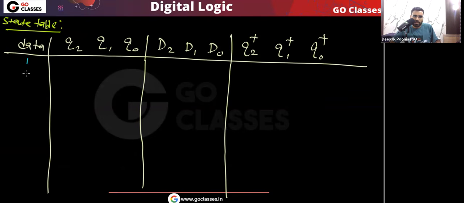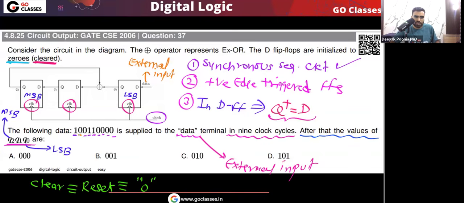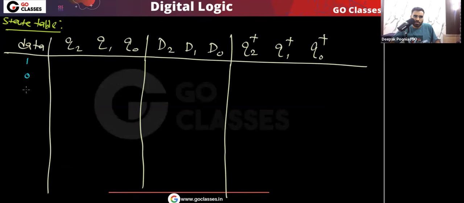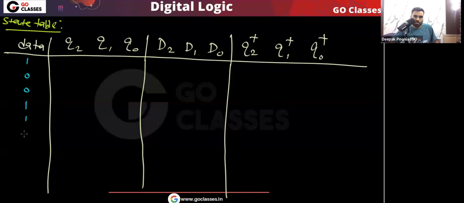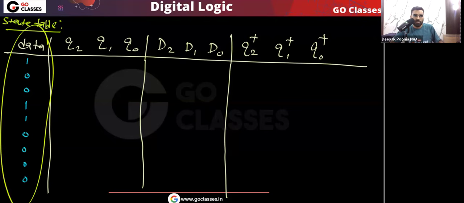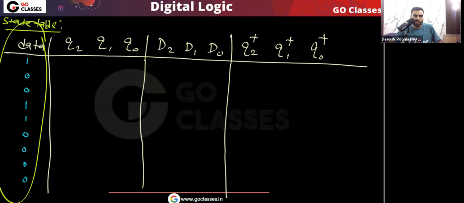What is happening? First we are applying 1. Then after that you can see 1, 0 0, 1 1 and so on, continuing to the end of the sequence. Okay, so very simple. Because data input is given to you, in the next 9 clock cycles, this will be your data input.